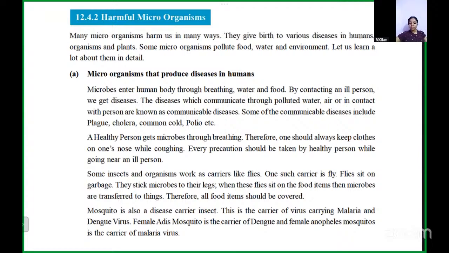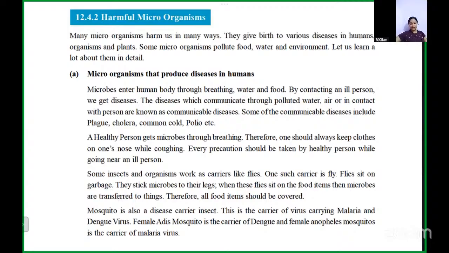Therefore, our food items should be covered. The food items shouldn't be kept in open air, exposed to flies or dust. Even dust carries microbes. So all the food items should be covered.